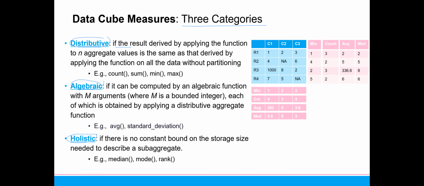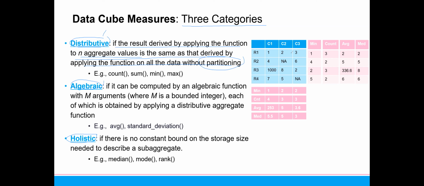If the result derived by applying the function to n aggregate values is the same as derived by applying the function to all data without partitioning, then it is distributive. For example, this is a function to aggregate values without partition.